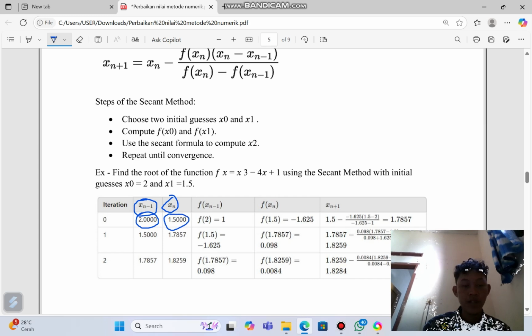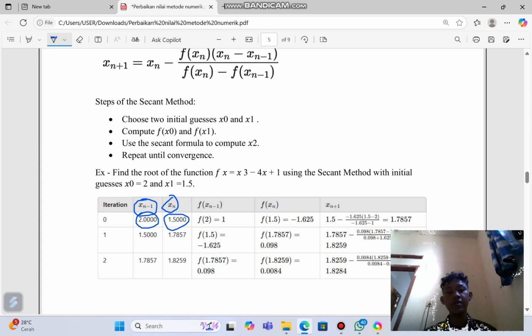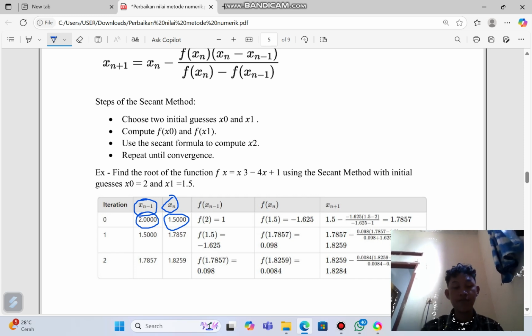This is for the initial guess, and we substitute it into the function. After we substitute into the function, we can get the value for f(2) is 1, and for f(1.5) we get minus 1.625.